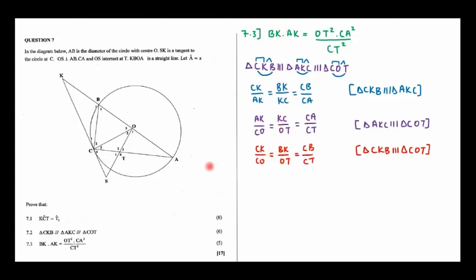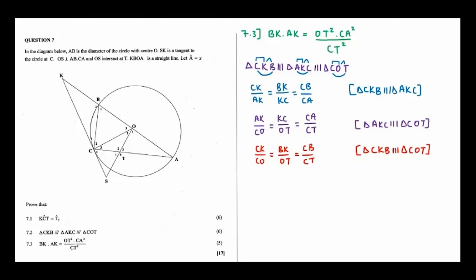Now I need to prove that this is equal to that, and I can see that I don't have any direct way to do it. So I'm going to first ask myself, how can I find BK multiplied by AK? I'm going to first focus on the left hand side. Let me cover this like that.